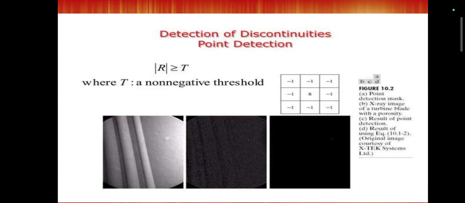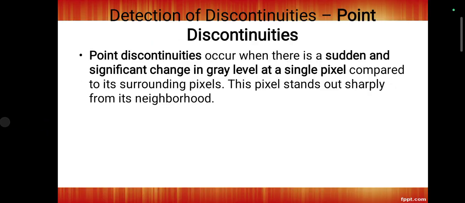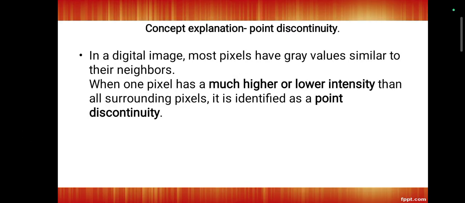First, point discontinuity. Here a negative threshold value is taken, and based upon that, the point values will be fixed. Point discontinuities occur when there is a sudden and significant change in gray levels at a single pixel. In a digital image, most pixels have gray values similar to their neighbors.